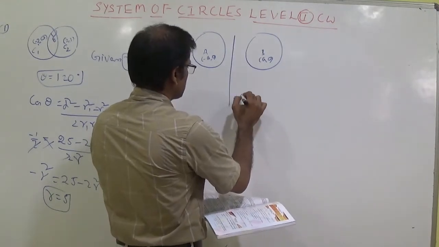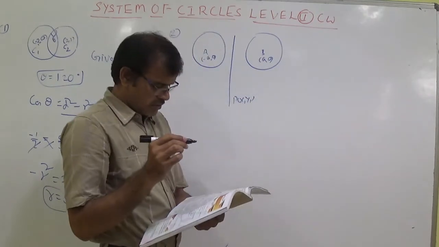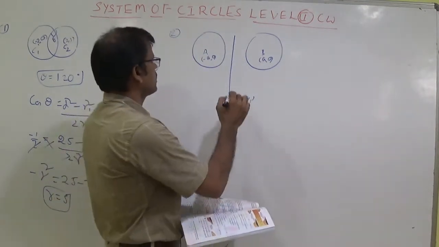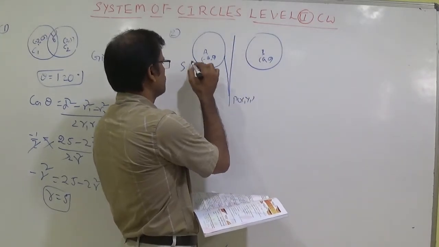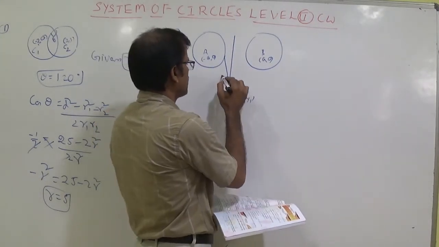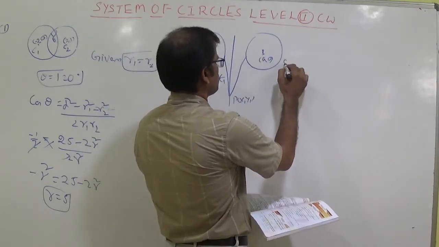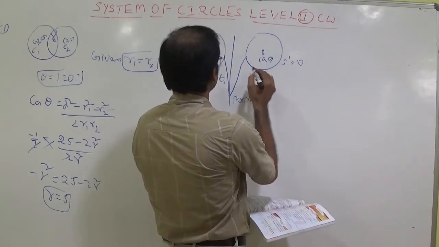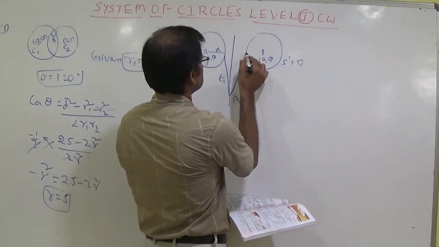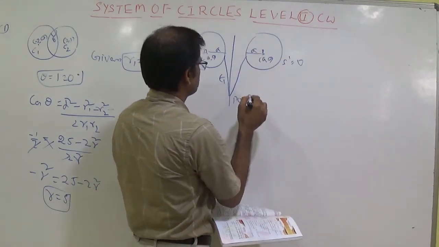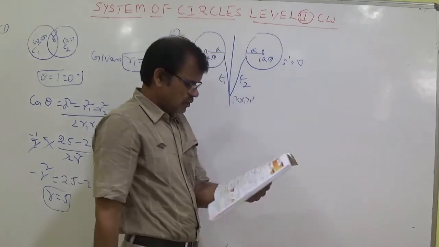Let P(x1, y1) be any point of the locus. From that point to this circle S equal to 0, the length of tangent is T1. From this point to S dash equal to 0, let this radius be a and this radius also be a. This is T. Now what is happening?